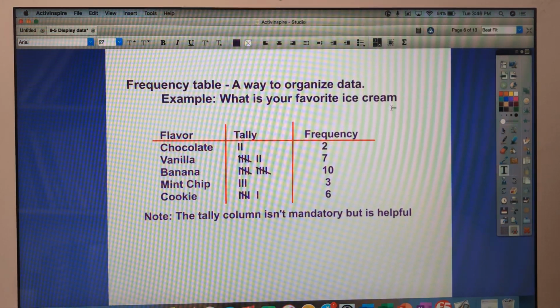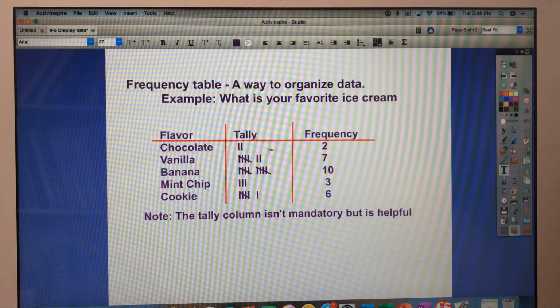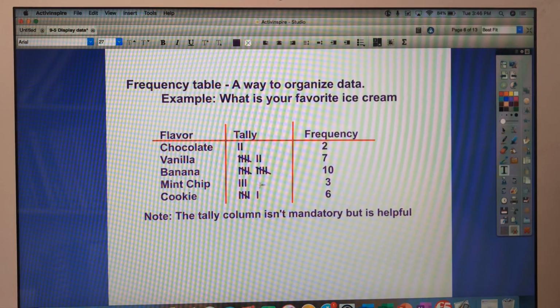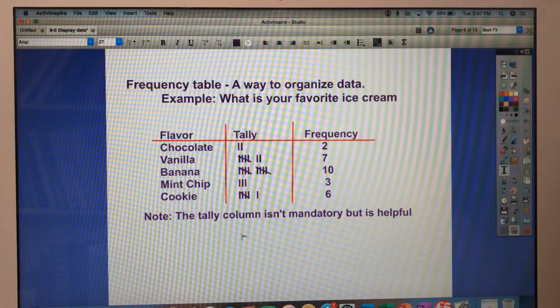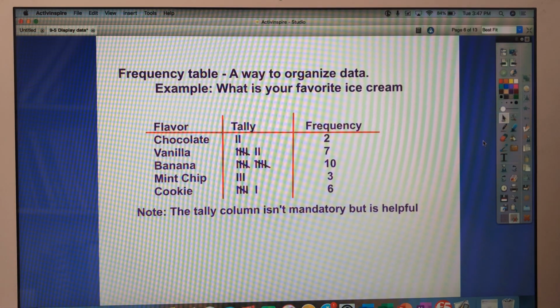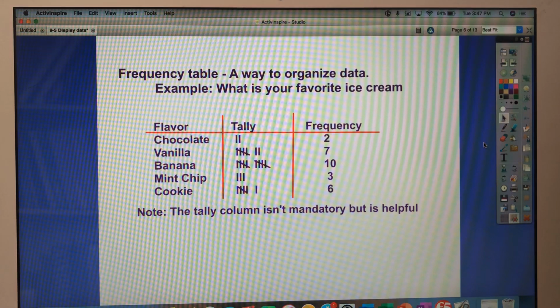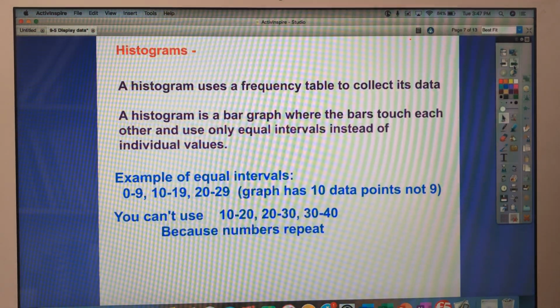You've all done these a million times, all the way back to kindergarten, where you made a chart and you went around and you asked everybody, what's your favorite ice cream? You made tallies, and then you added up the tallies. The tally column is not mandatory, but it is useful. So I suggest that you keep the tally column if you're ever doing a survey, because you're going to want to have that tally.